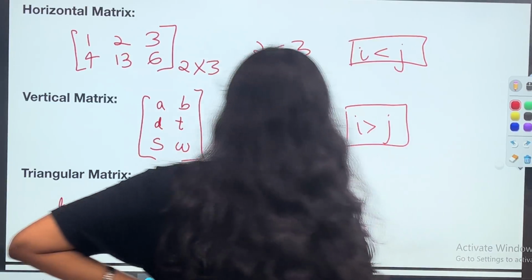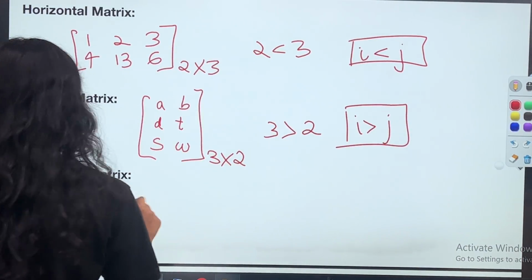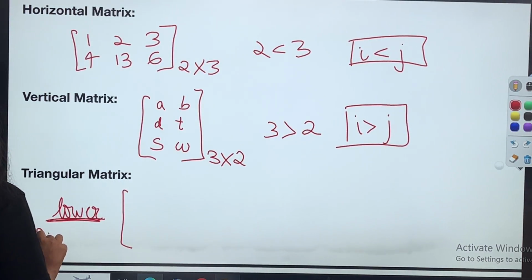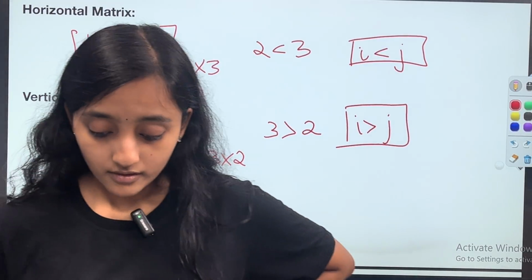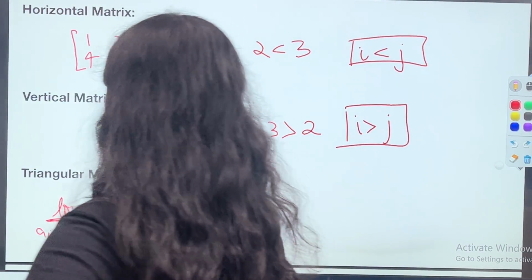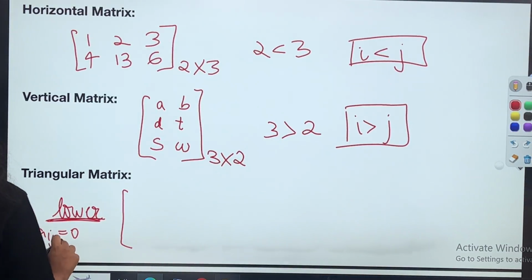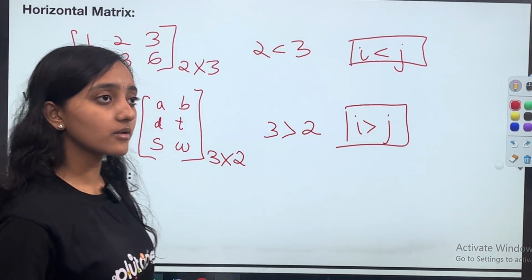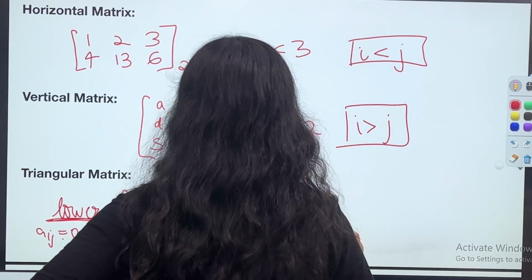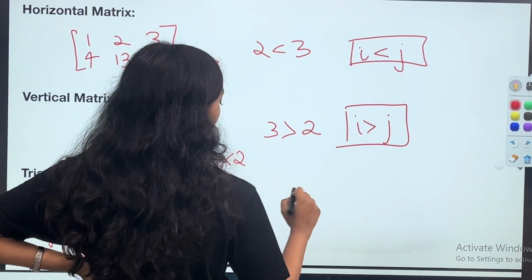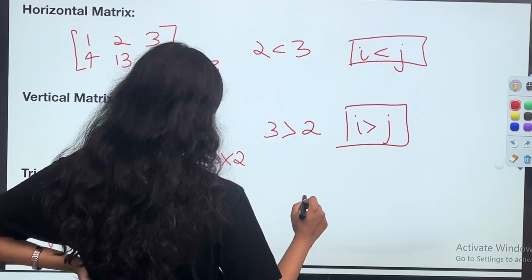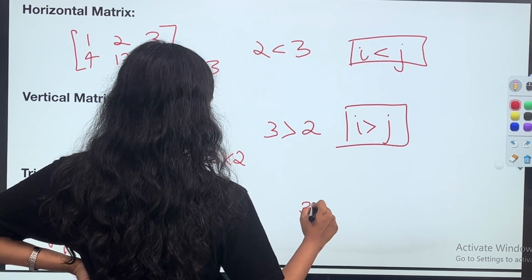Aij, so in a lower triangular matrix, Aij is equal to 0 when i is less than j. When is i less than j? It means wherever, when you are trying to find a particular value, suppose you have row number 3 and column number 2.